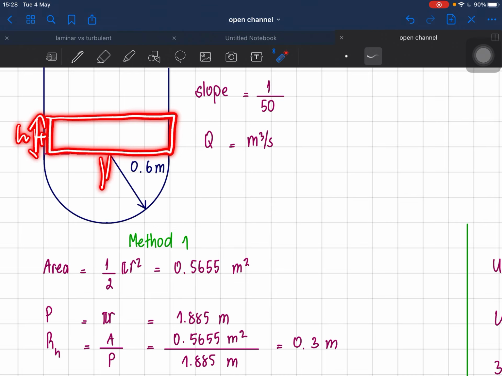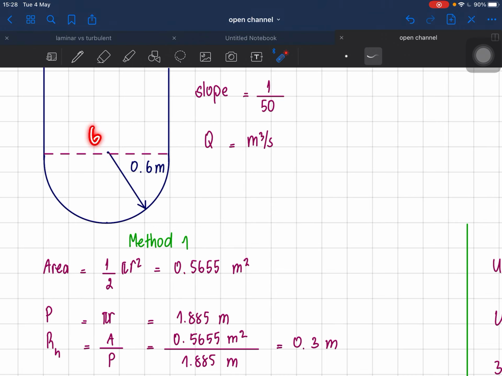And this is x. And all the way here is h plus x, or 0.6.